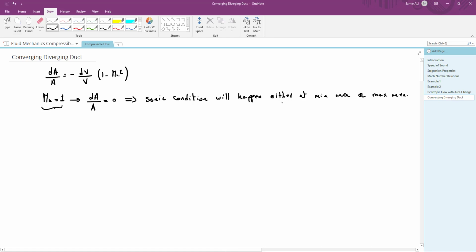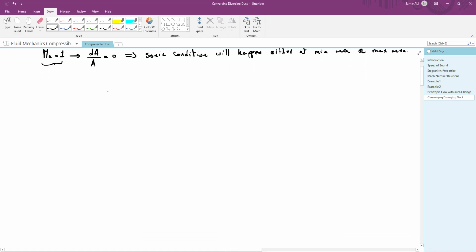To see if it is possible for the sonic condition to happen at the minimum area or the maximum area, we will take in fact two geometries. We will start with the converging diverging duct geometry, and also we will consider another one which is quite the opposite of this geometry: a diverging converging duct instead of a converging diverging duct.